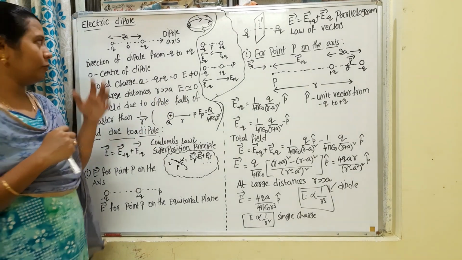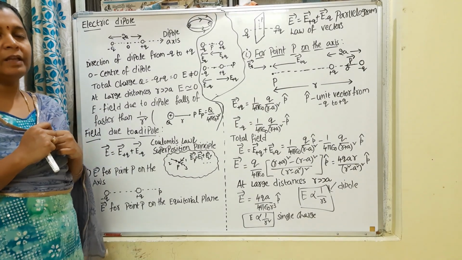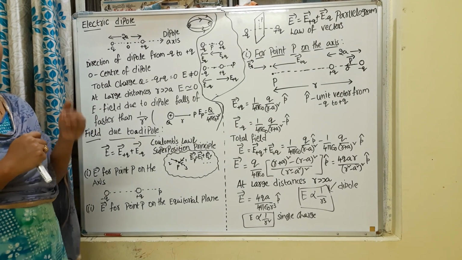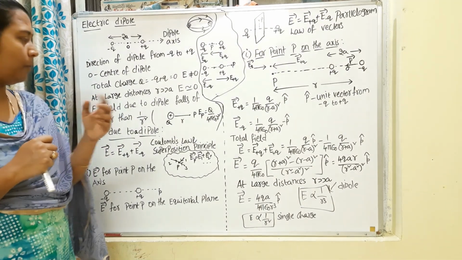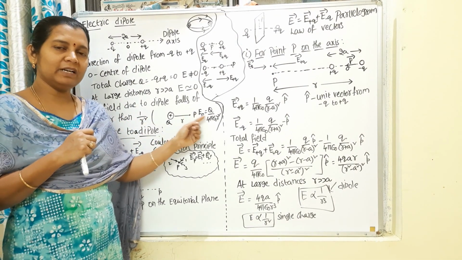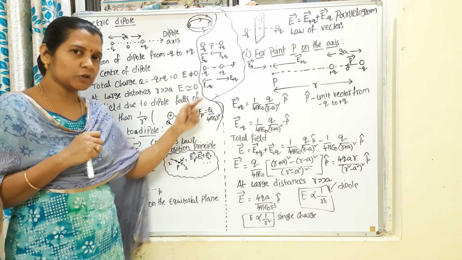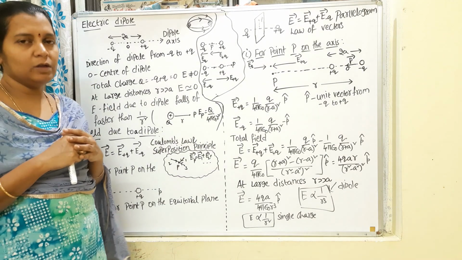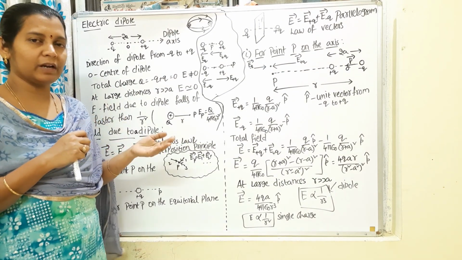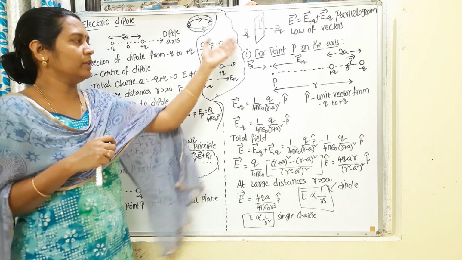For the case of a dipole, the electric field falls off faster than for a point charge. For a point charge, we know that the electric field is inversely proportional to the square of the distance. But for a dipole, the electric field is somewhat different, and we are going to derive it with an equation.